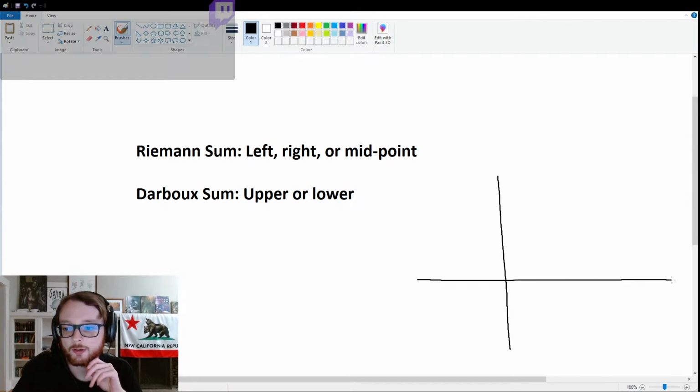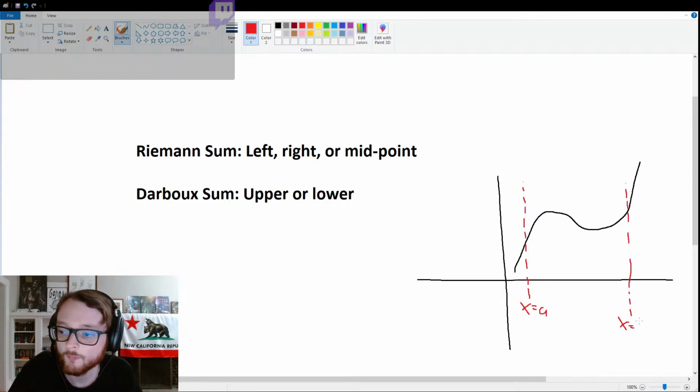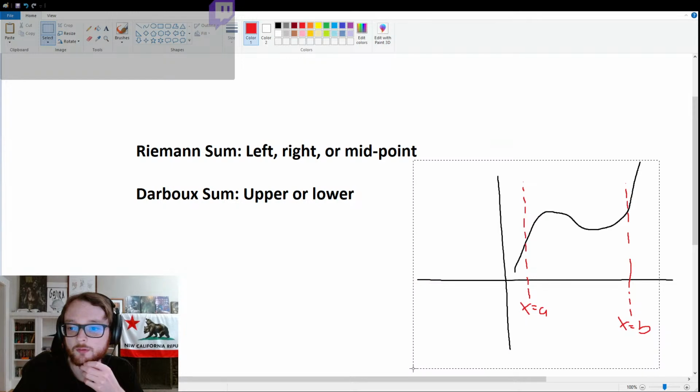let's take our generic function f again that we know and love. It's definitely not a cubic, or actually it definitely isn't a cubic, right? No, it is a cubic, or would be, or it could be. But anyway, if we were to do a left Riemann sum on this, let's make some bounds a and b. Actually shift this entire thing up as well.